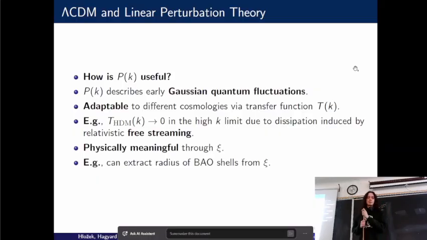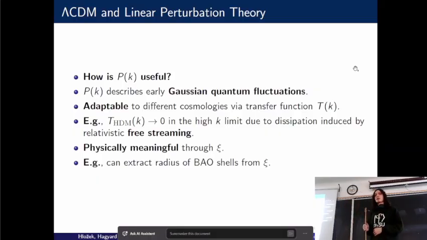Well, linear perturbation theory in and of itself is constrained to when matter density perturbations in the universe were small, and essentially that was when the universe was young, and at large scales it's really more applicable.